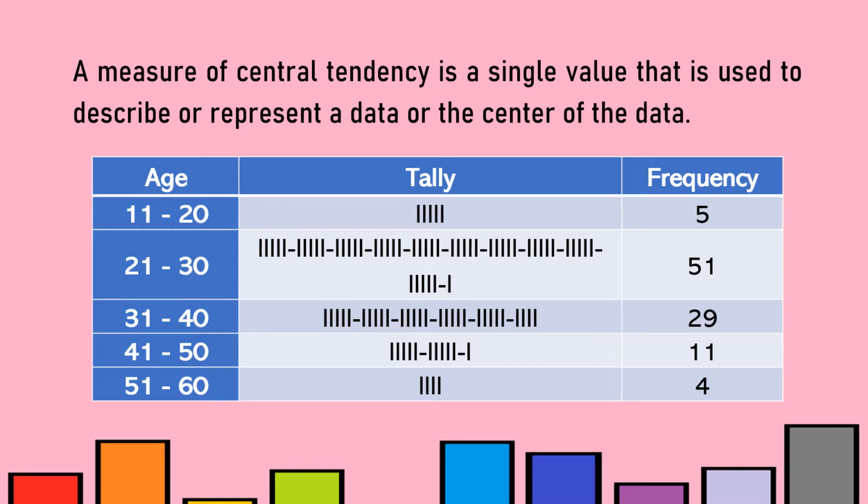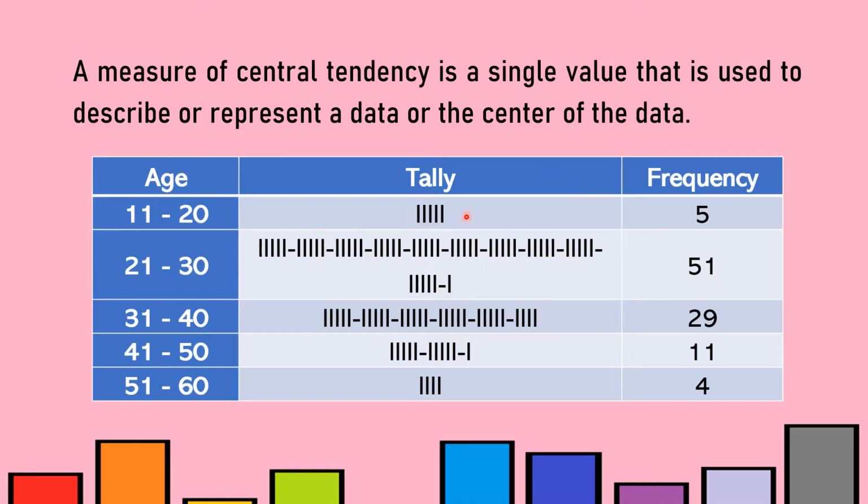As you can see, in the first column there are group values. The given mathematical problem starts with the ages 11 to 60.